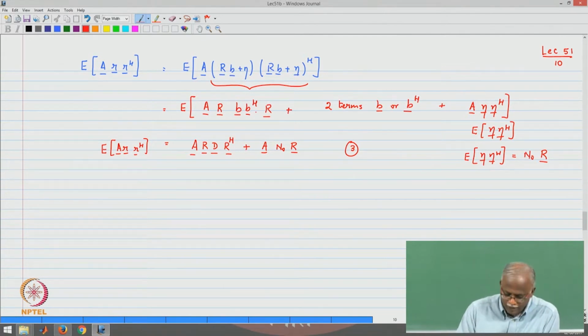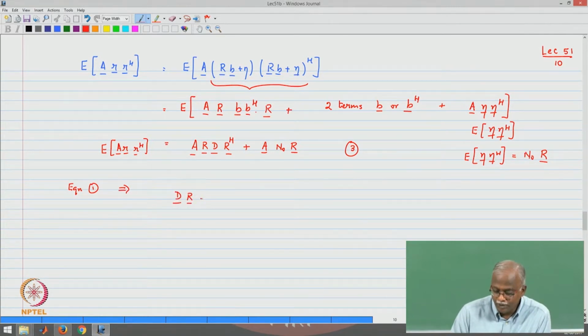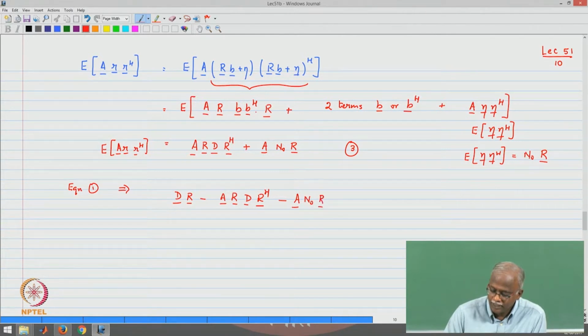If you now go back and substitute, equation 1 can be equivalently written as d times r from equation 2 minus a times r d r Hermitian minus a times n naught times r from equation 3, and this has to be equal to 0.